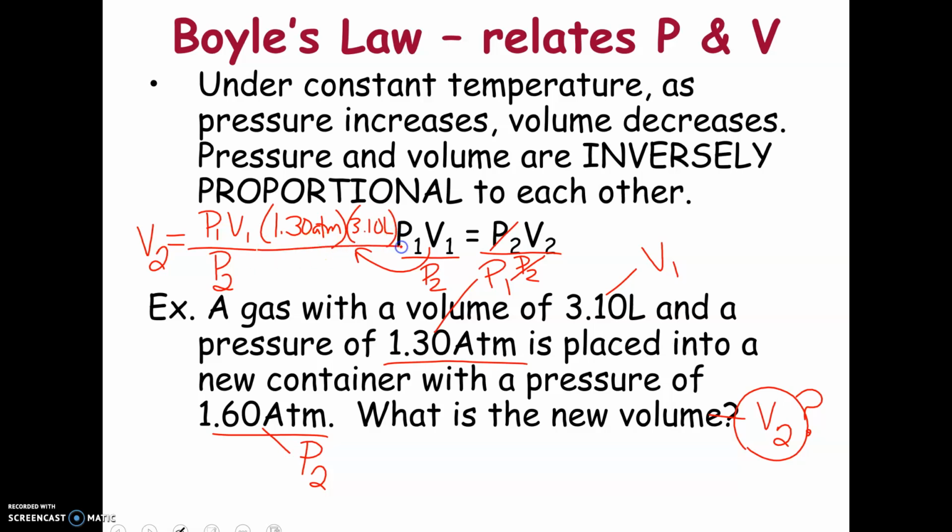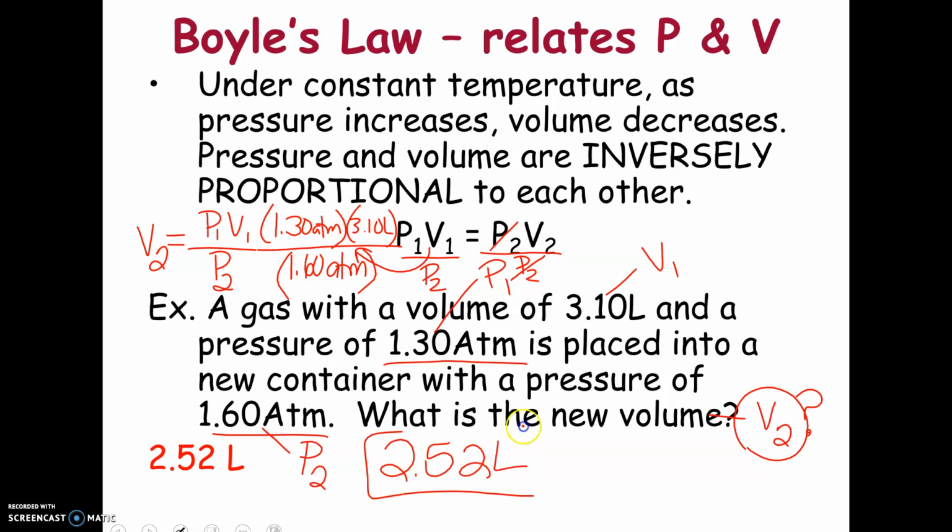And then I'm going to divide by P2, which was 1.60 atm. And when you work that out, you are going to get an answer of 2.52 liters. Notice atm cancel, so I know my answer will be in liters.